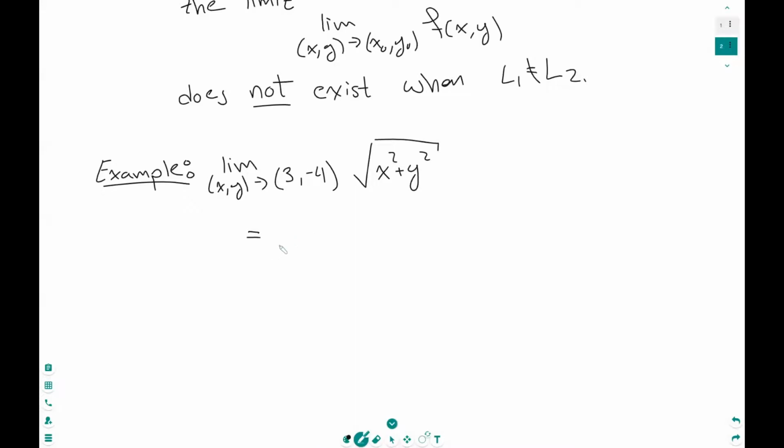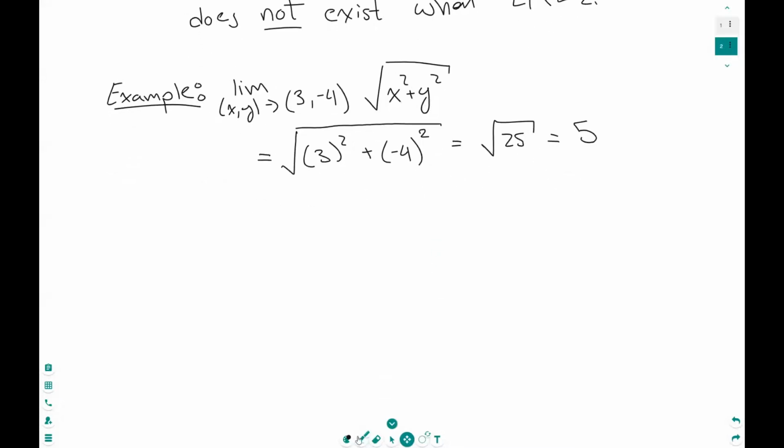So if I just plugged in those values, I would get the square root of 25, or just 5. Now that's the easiest case, right? It really worked out. We just plugged in those values and we got this limit. Okay, so now let's look at another example.